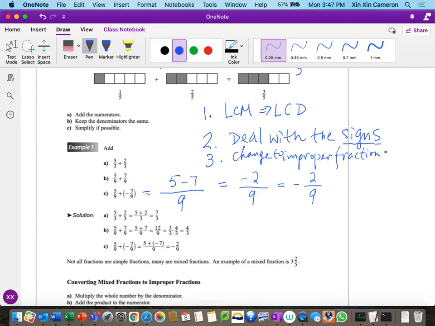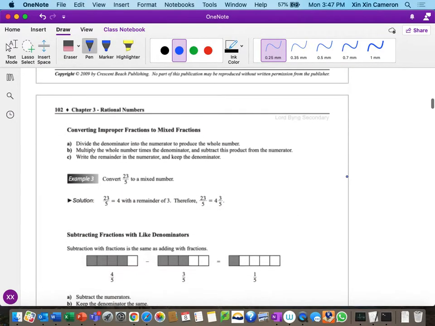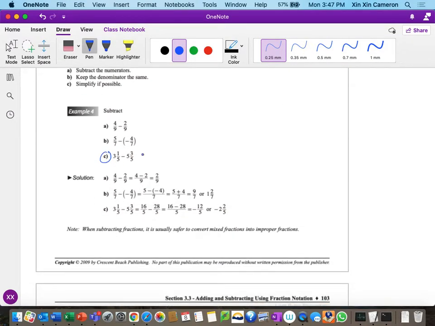Everything has to be changed to improper fractions. So if it's a mixed number such as this, we change it to 16 over 5, subtract, this is a 5 again, then 25, 28.